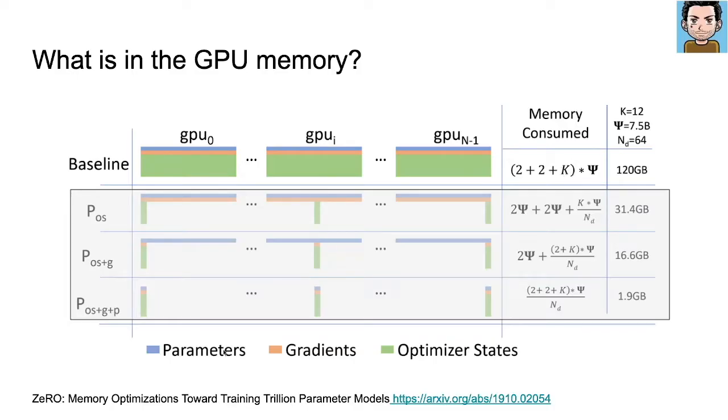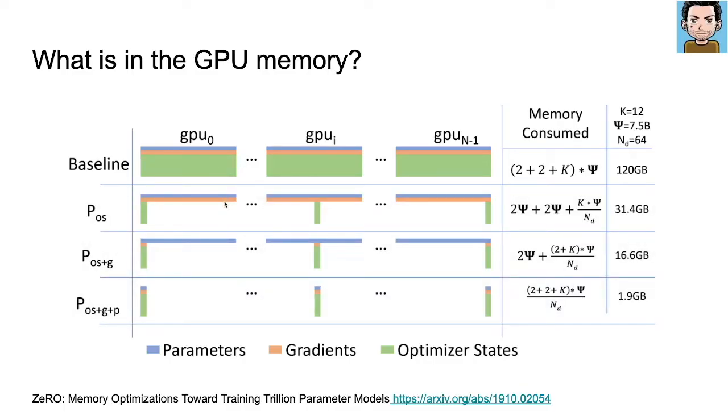The model parameters are displayed in blue, the gradient in orange, and the optimizer state in green. I hope it's clear now that the optimizer state is taking a lot of memory. By sharding our model across nodes, we can reduce the memory consumed. For instance, if we shard the optimizer state only, the consumed memory will go down from 120 gigabytes to 31 gigabytes. We can reduce the consumed memory further if we shard the gradient and the model parameters as well.